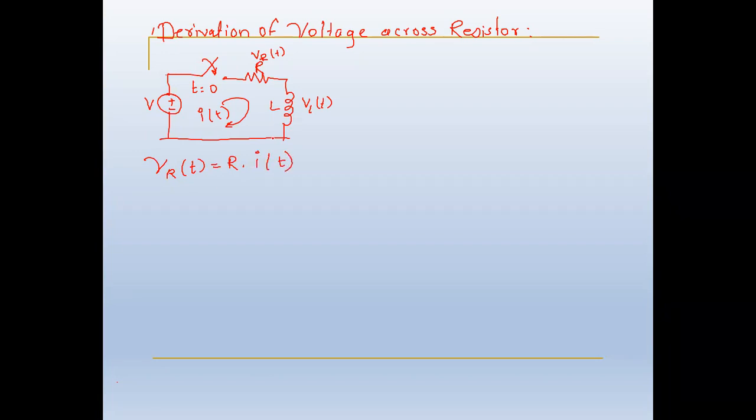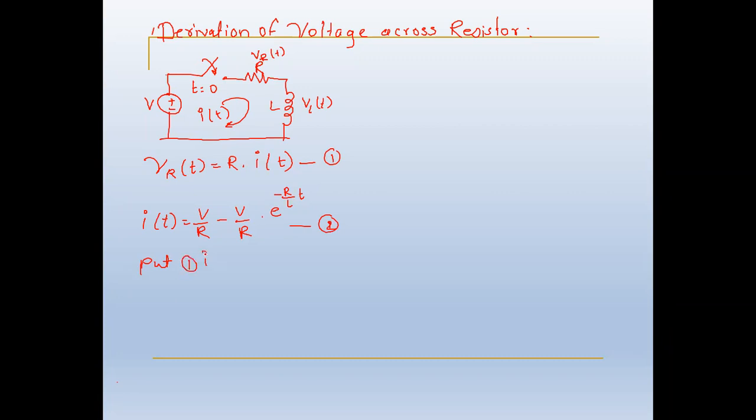If we put this value into equation number 5, which we wrote in the previous section, I of t is V by R minus V by R into e raised to minus R by L into t. Let me call this equation 1 and this one equation 2.